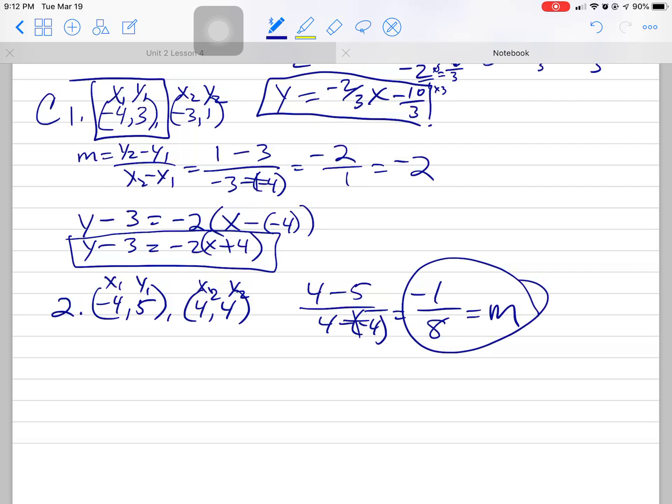All right, then I need to use one point. You know what? I'm going to use this point. It looks a lot easier than having negatives. So y minus 4 equals -1/8 times (x minus 4). That's it. That's the answer. Also accepted would be the other point.